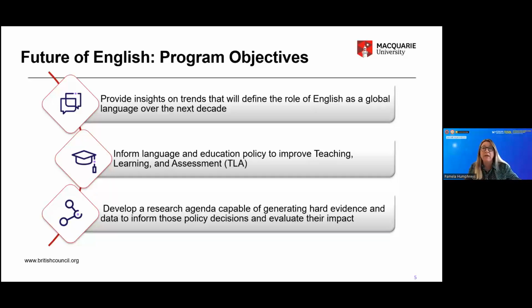Again, absolutely relevant to us as language professionals. And to lay out a research agenda that's capable of generating hard evidence and data to inform those policy decisions and to evaluate their impact. So this isn't just important for language teachers, but particularly those of you who might be involved in language policy. So I'm going to share with you what they're doing in that space.